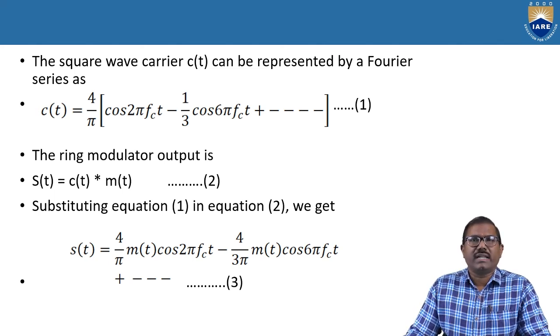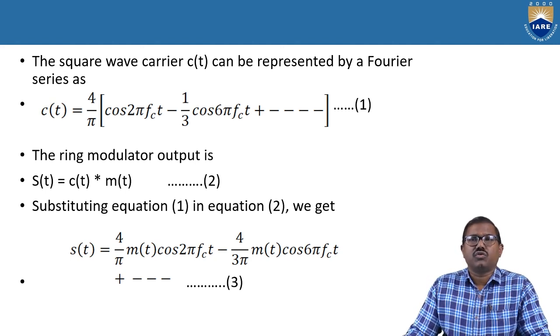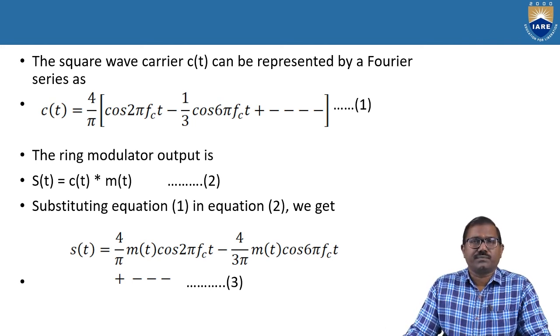Just multiply: 4 by pi cos 2 pi fct into M of t, and the second term is minus 4 by 3 pi M of t cos 6 pi fct. So this is the ring modulator output.